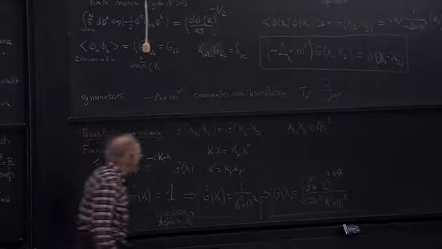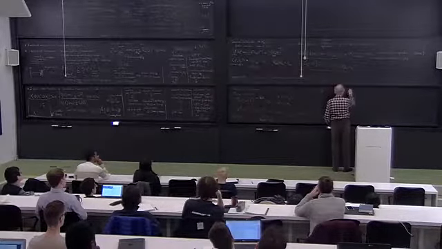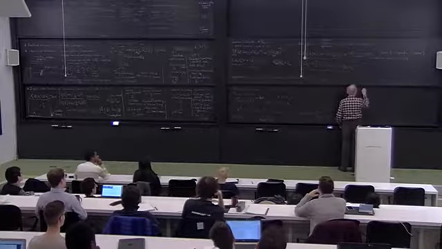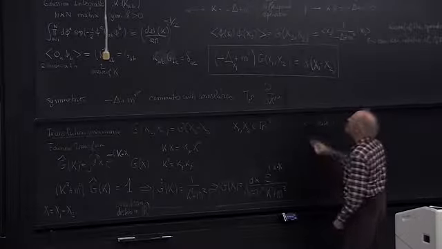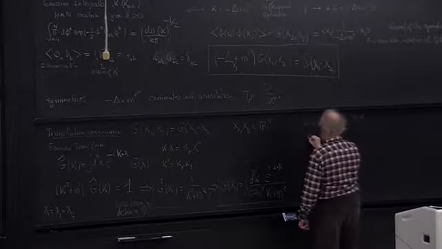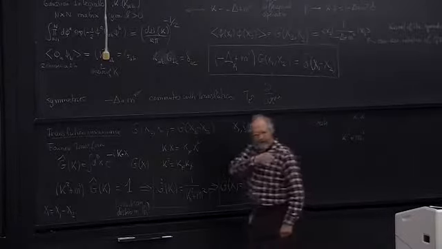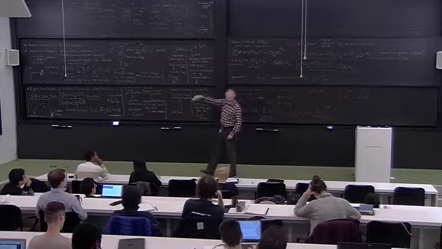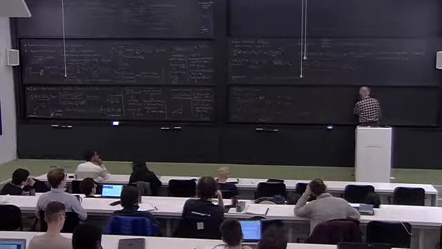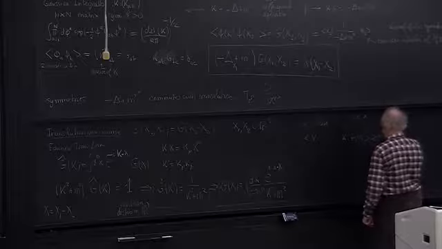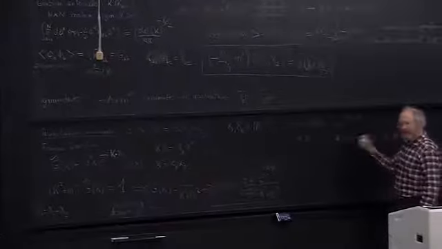The eigenstates are e to the i k x, plane waves, and the eigenvalues are k squared plus m squared. This is always positive, because if m is positive, k squared is positive or 0, and the sum is different from 0.